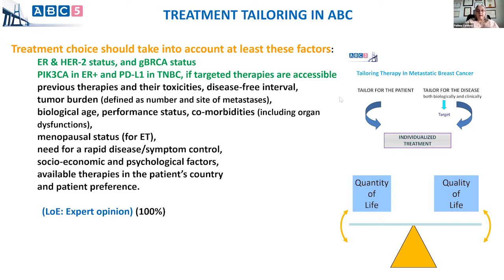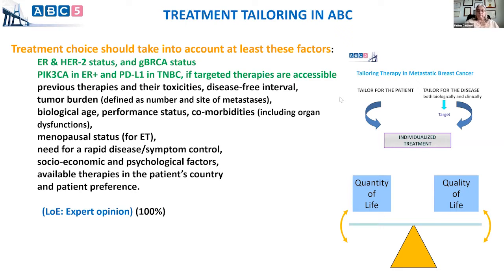And you see there in green, and I will explain a little bit better, what are the biomarkers that are very useful for us to decide the treatment. But then there are other characteristics. For example, if it is a relapse, not what we call a de novo, not a diagnosed stage 4 immediately, but someone who has had early disease, we have to know what treatments were given for early disease, how well or how badly they were tolerated, and what was the interval between that treatment, so the diagnosis of early disease and metastatic disease.